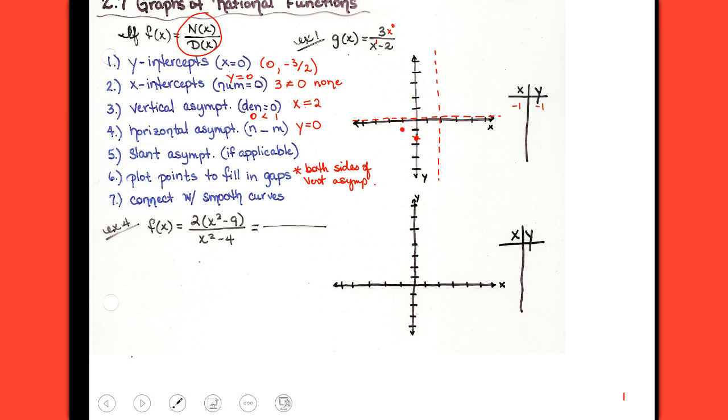So I could plug +1 and -1 into my function and get the y values associated with them. And then sure enough, that reinforces exactly what I thought the graph was doing. If I have these 3 points right here, when I connect them, then I can see, okay, yeah, I'm going to come up here and approach this asymptote, and I'm going to come down here and approach this asymptote. That's exactly what that portion of my graph is going to look like.